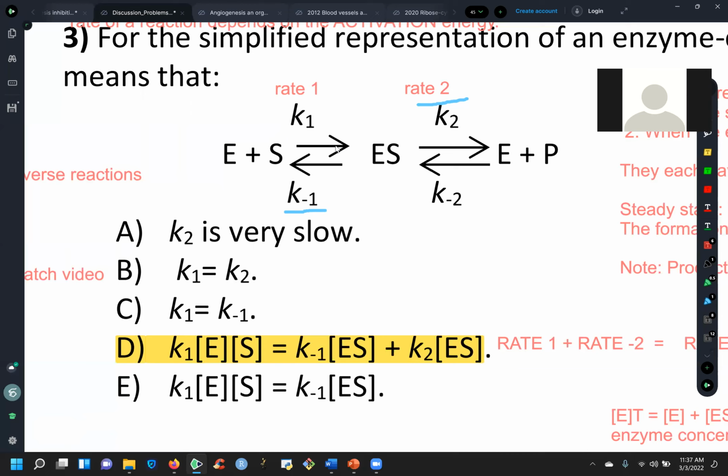All right, we're going to start with enzyme plus substrate, and then this is a reaction rate forward and a reaction rate backwards.